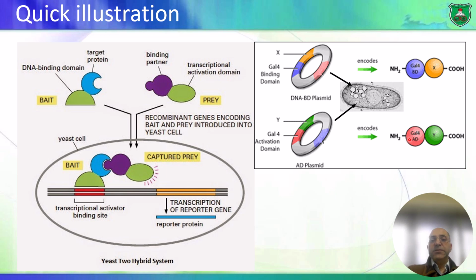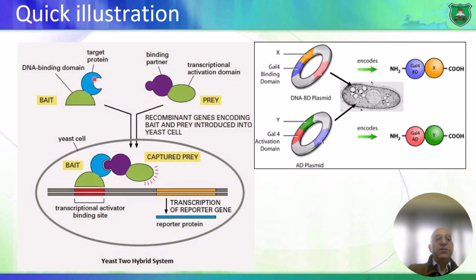The idea is that if X interacts with Y, then these two would be close to each other. So we're going to have, again, this protein of interest with the DNA binding domain, and this other protein of interest, protein Y, with the activation domain.